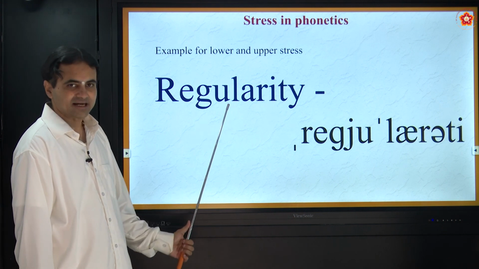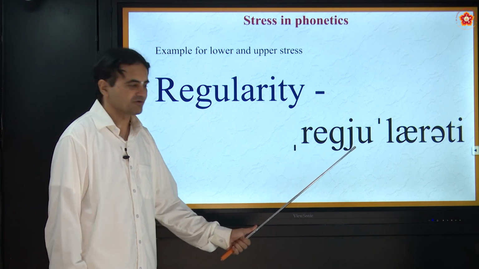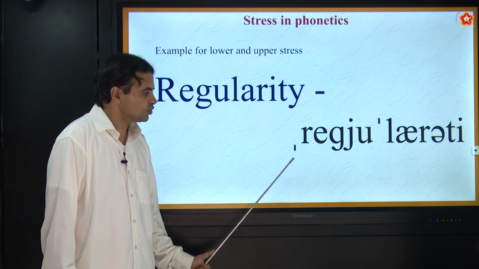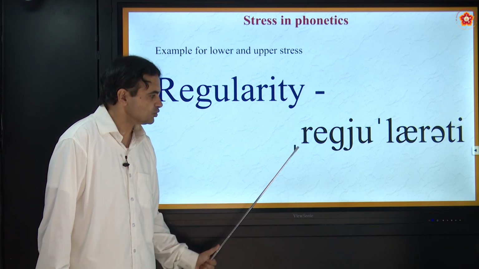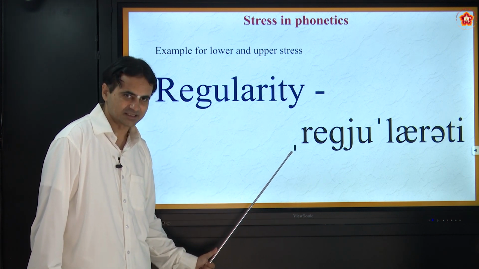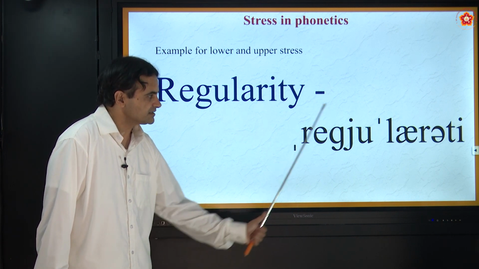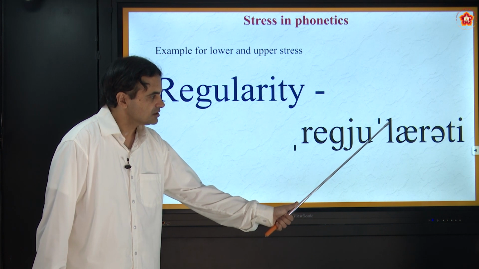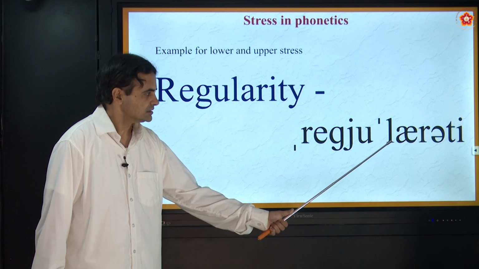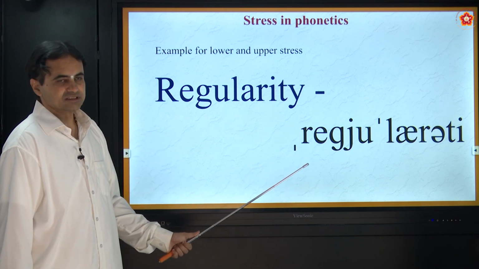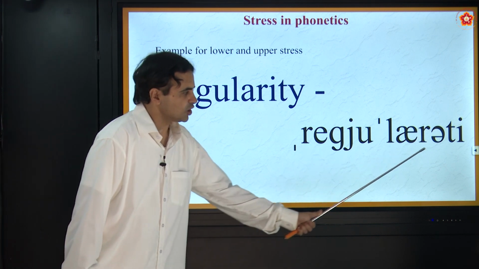Next word, to understand this better, let's see now what is lower stress. Now here is a word where we have both lower and upper stress. Lower stress is here, as you see, there is a dash before the letter R, and there is a dash above, next to this letter L. So how do we pronounce this? First let us see the normal pronunciation.